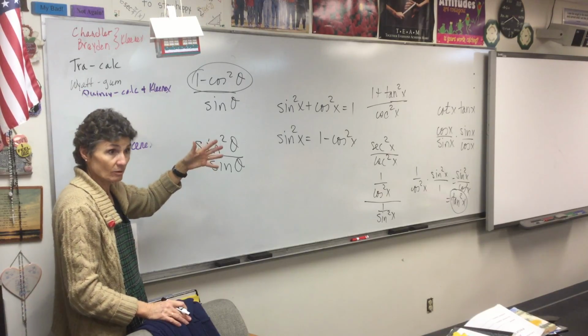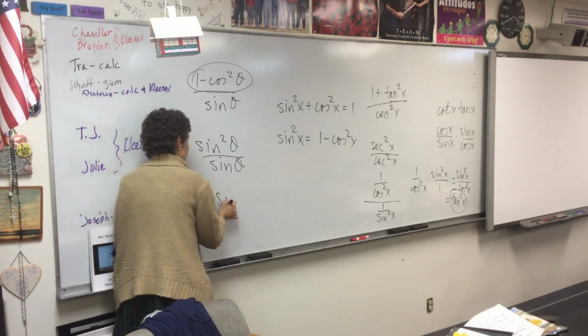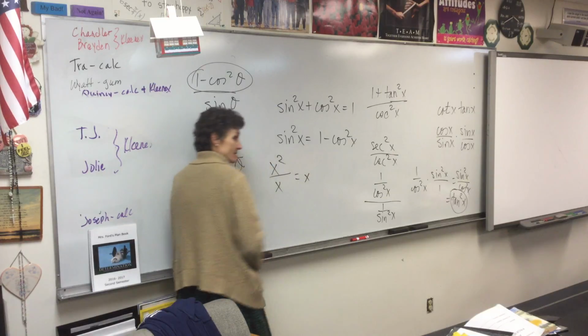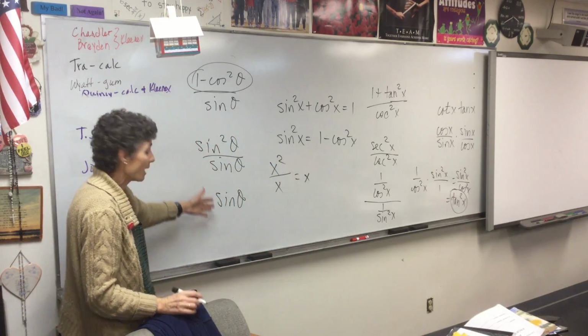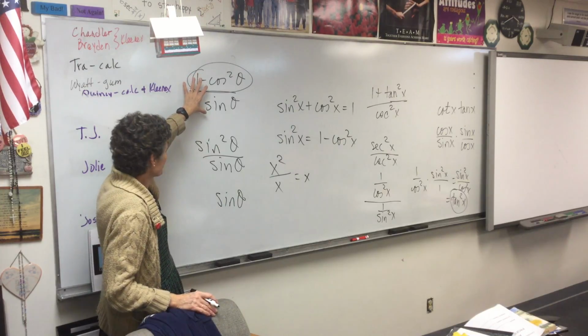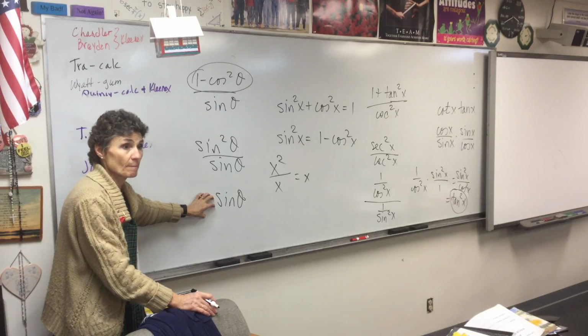One of them is going to cancel, and I'm going to be left with sine. Just like when you have x squared over x, isn't that x? Sine squared over sine is just sine. So that problem that we started with simplified down to sine.